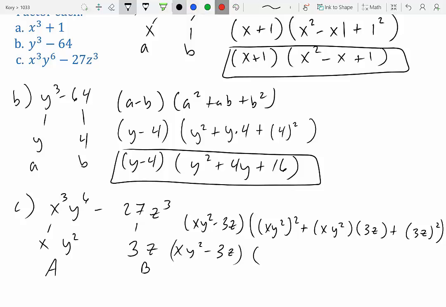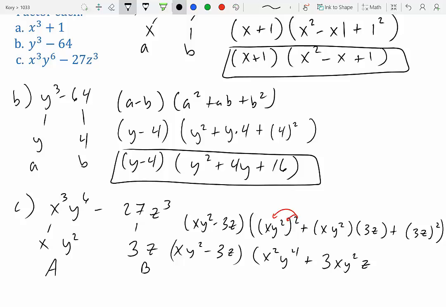Remember when we are squaring our exponents, we multiply them. So we have x squared is x squared, y squared squared is y to the 4th, that's fun to say, plus xy squared times 3z is 3xy squared z.